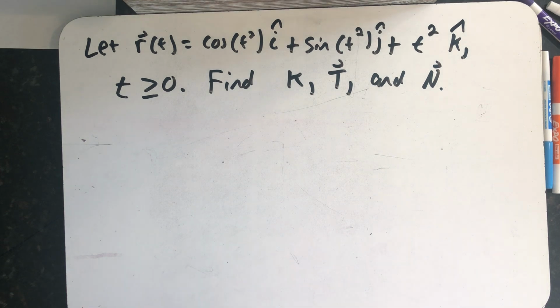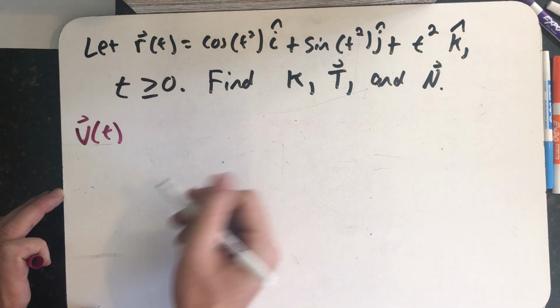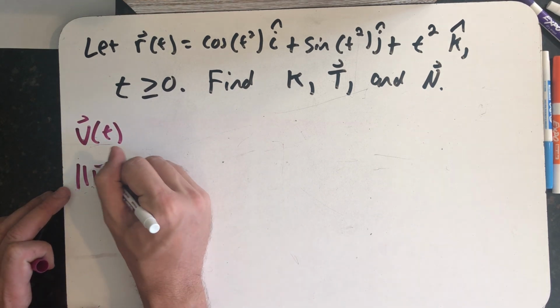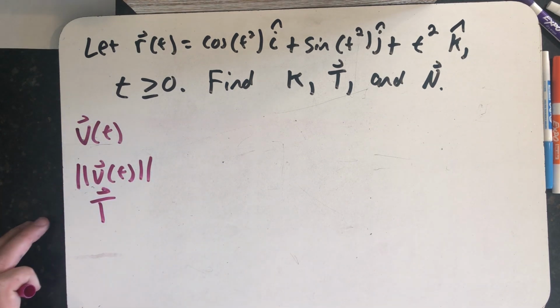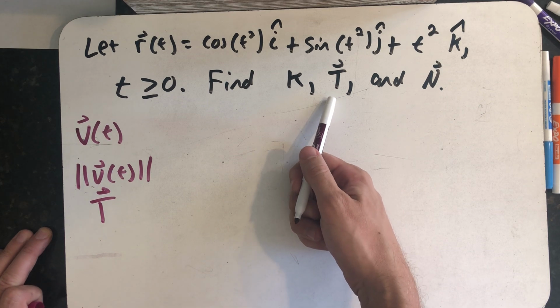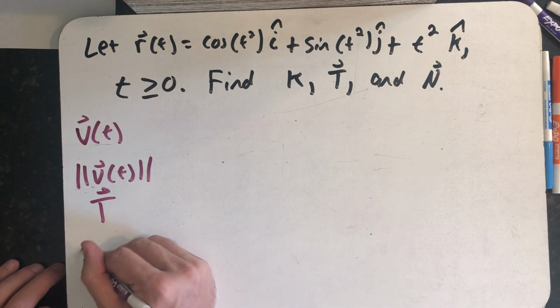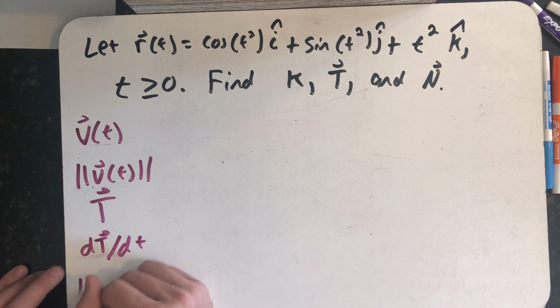Okay, so first off, we're going to need to calculate velocity, because we need to know that vector and its magnitude, speed, to be able to calculate big T. That'll at least get me part of what I need. To calculate curvature, I need to know speed and dT and its magnitude.